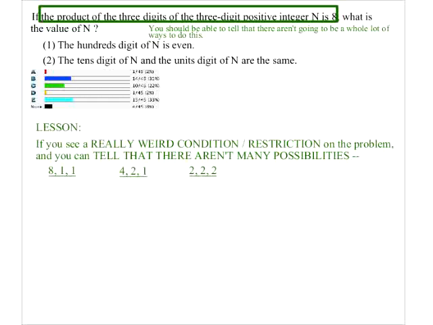You can do 118, 181, 811. You can be organized again: 124, 142, 214, 241, 412, 421. And then here's our spoiler friend, 222. So be organized.